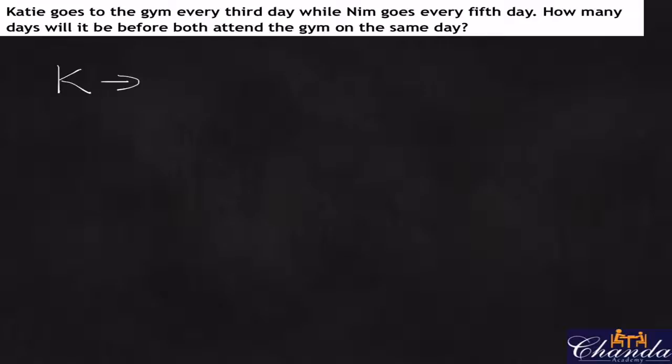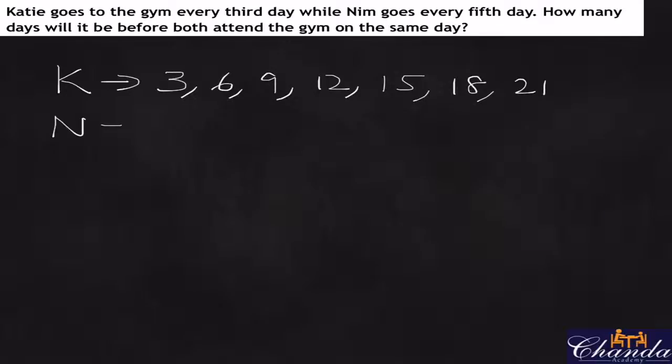So she goes on the 3rd day, the 6th day, the 9th day, the 12th day, 15th day, 18th day, 21st day, etc. Then we have Nim, who goes every 5th day. So 5th day, 10th day, 15th day, 20th day, 25th day, etc. Now the question asks us, how many days will it be before they both attend the gym on the same day?